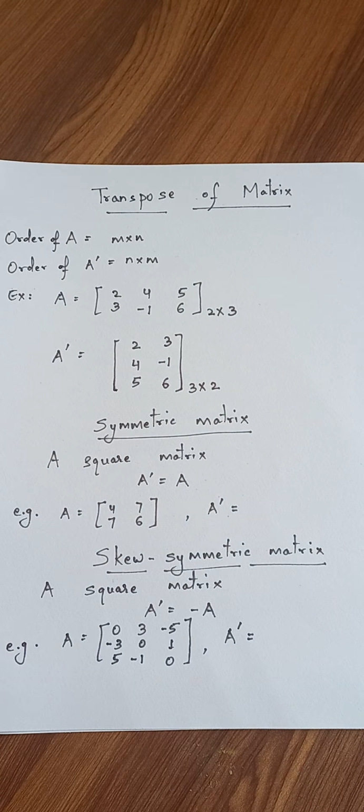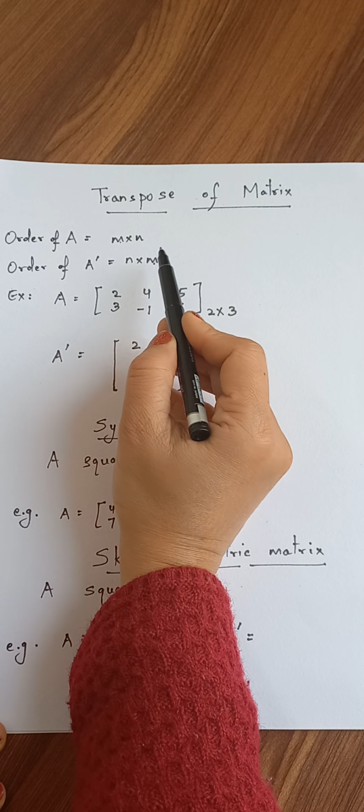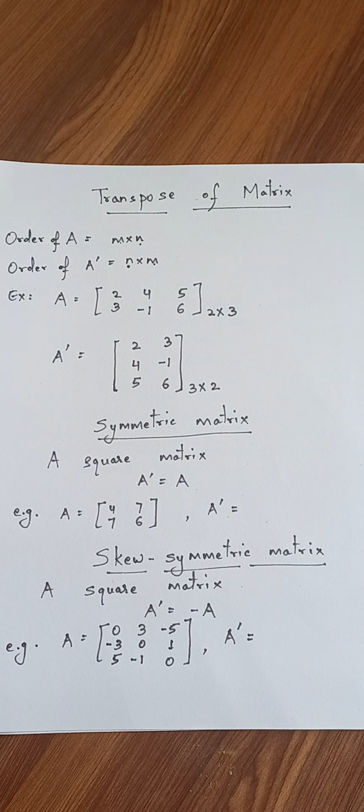It means that rows get transformed to columns and columns get transformed to rows. So in the transpose matrix the order will change. That means rows and columns get interchanged with each other.